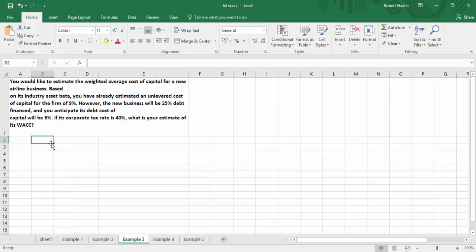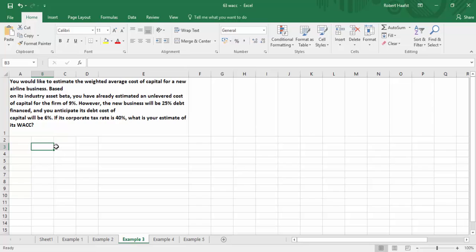However, the new business will be 25% debt financed, and you anticipate its debt cost of capital will be 6%. Well, the corporate tax rate is 40%, so what's our estimate for the WACC? So, let's start again from the beginning. We have an unlevered cost of capital, so we have to make it levered again.